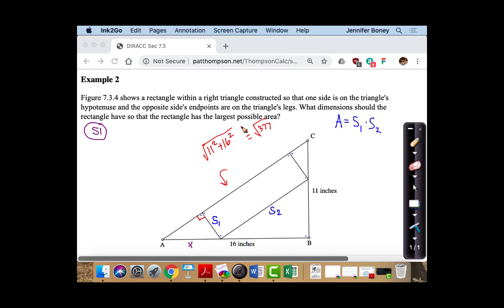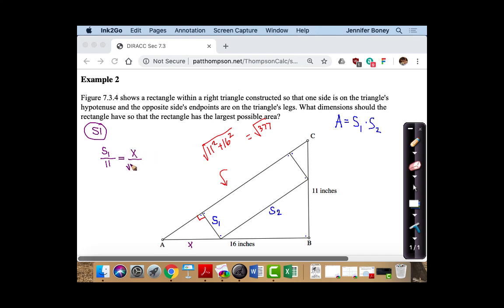That should be proportional to this square root of 377, a scaled down version of it. So writing our proportion, S1 is a scaled down version of 11. So S1 is to 11 as side x, the hypotenuse of this little triangle, is to root 377.